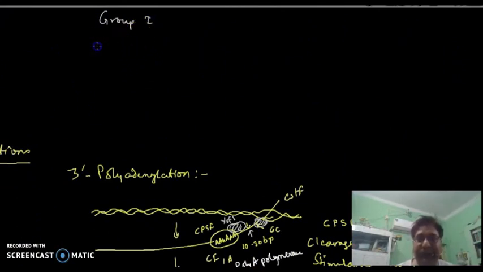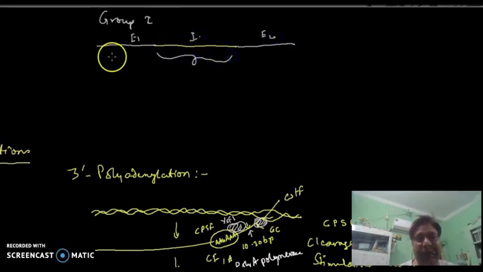In group 1 splicing, this is exon 1, and this yellow part is the intron, and this is again exon 2. There are two exons and one intron in the middle. So this intron has to be removed. What happens in group 1 splicing is a free hydroxyl group makes a nucleophilic attack. It has a lone pair of electrons.